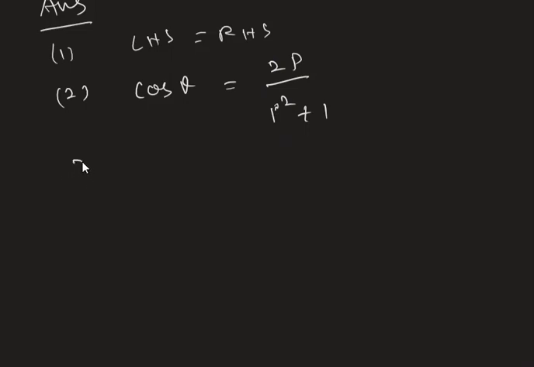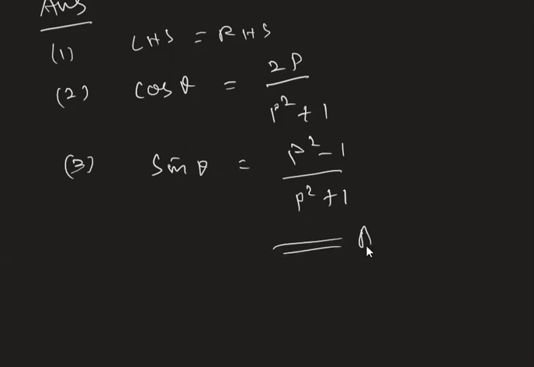What is sin theta? Next answer, sin theta is equal to p squared minus 1 divided by p squared plus 1. Okay, so this is the set of answers. So the presentation of answers is very important. You understand?